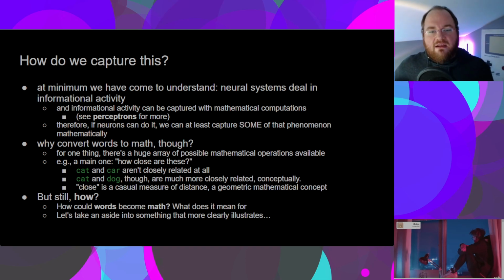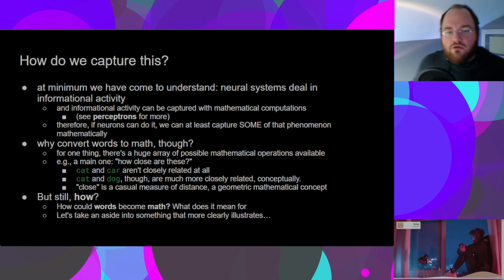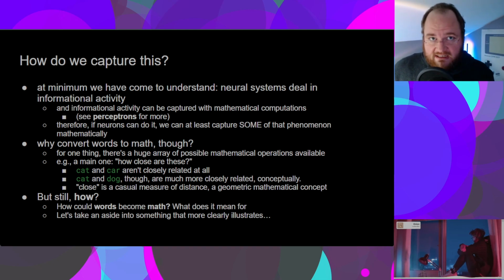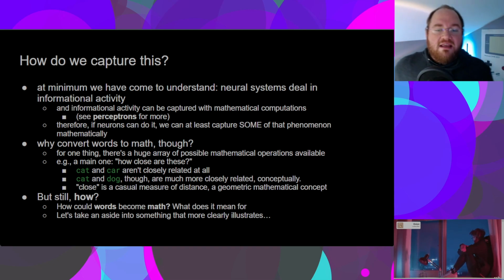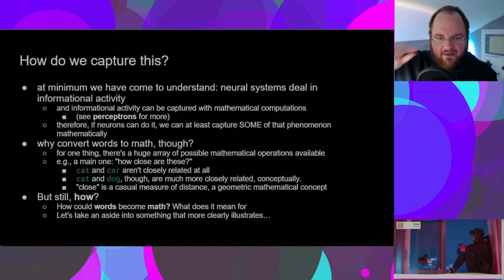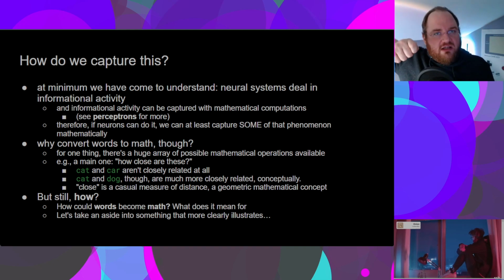But math enforces certain relationships, relational questions, right? So one big one in the semantic space is, well, how close are these two things? How closely related are these two things? So, for example, cat and car, we know, aren't really closely related at all. They might be closely related symbolically in that you only have to change one letter to alter it.